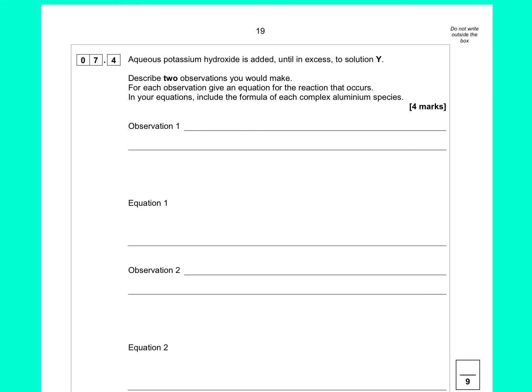Now, because aluminium compounds or aluminium complexes are amphoteric, the next part of the question is how it reacts with potassium hydroxide. So we can say a white precipitate would be formed. So we're still acting as an acid in this case because it's reacting with potassium hydroxide, which is a strong base.